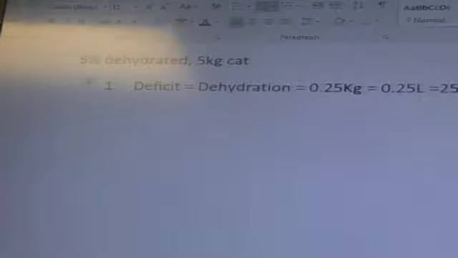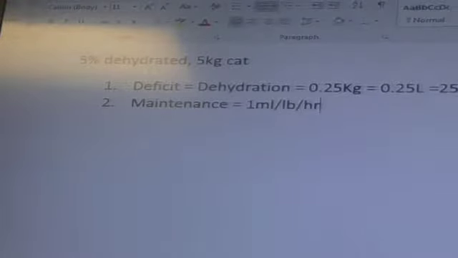Now what about maintenance? What's the maintenance for a cat? We can do 1 ml per pound per hour. And how much does the cat weigh in pounds? 11 pounds.